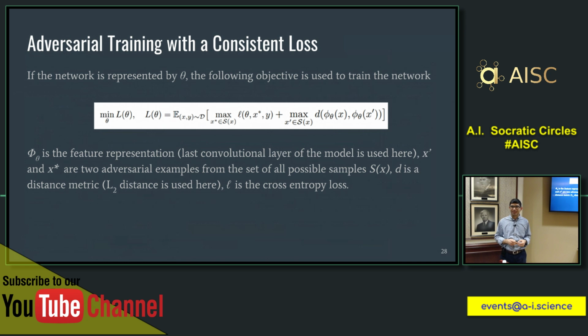I want to say that they just try to optimize the parameter theta, but because theta is in both of the objectives, you probably cannot do it like that. What happens with the simplification is that using that theta, they generate adversaries.